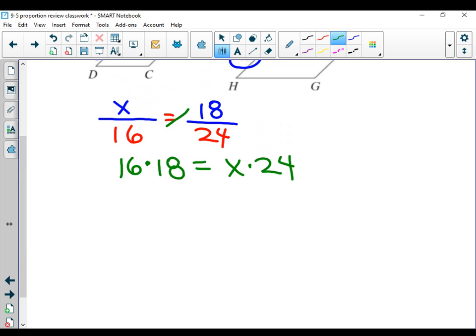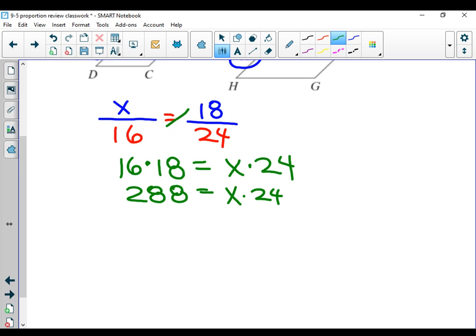What am I multiplying again? 16 times 18. But oh no, x times 24, I couldn't type that in there. Straight. You're going to do 288 divided by 24 and you get 12.